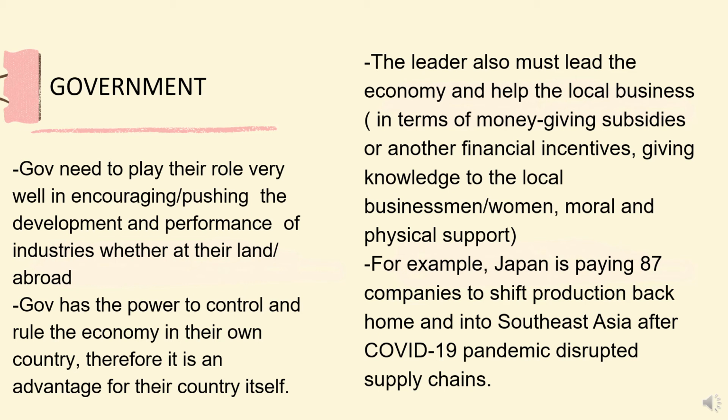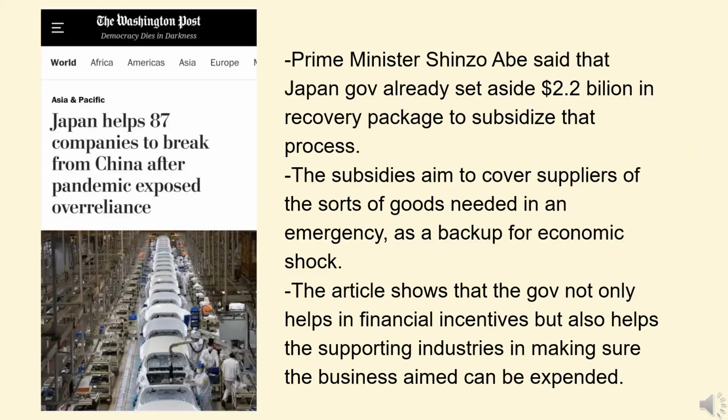For example, Japan is paying 87 companies to shift production back home and into Southeast Asia after the COVID-19 pandemic disrupted supply chains. The article in July 2020, as shown on the slides, stated that Japan's Prime Minister Shinzo Abe said that the Japanese government had already set aside $2.2 billion in a recovery package to subsidize that process.